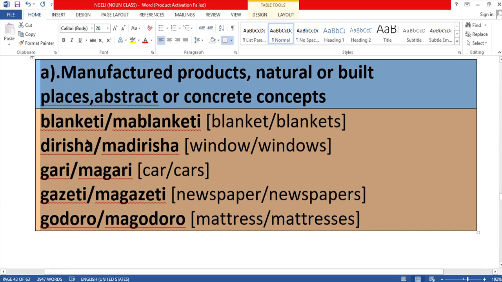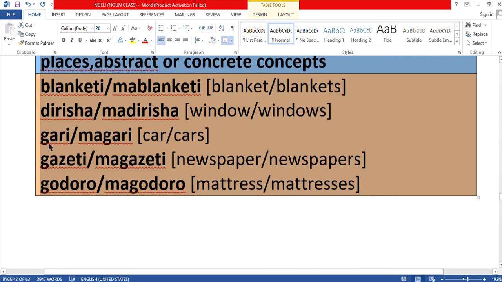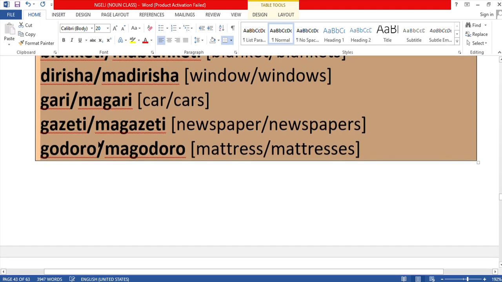Examples here are blanketi, plural mablanketi. Dirisha, madirisha. Gari, magari. Gazeti, magazeti.